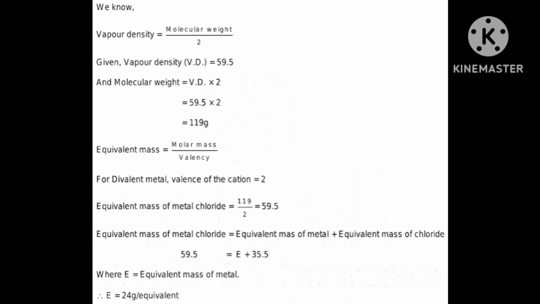Remember, the atomic weight of M plus x into 35.5 is the molecular weight of the chloride.